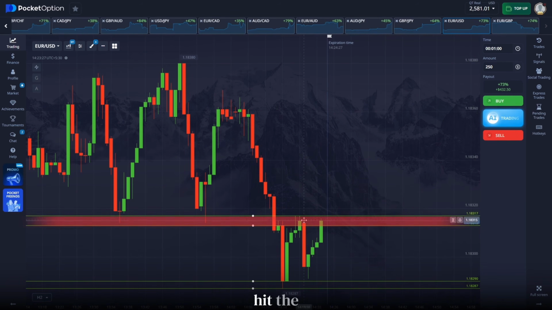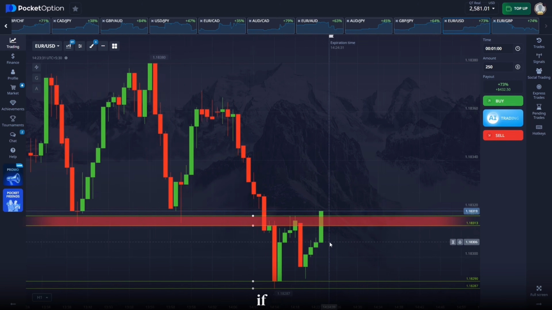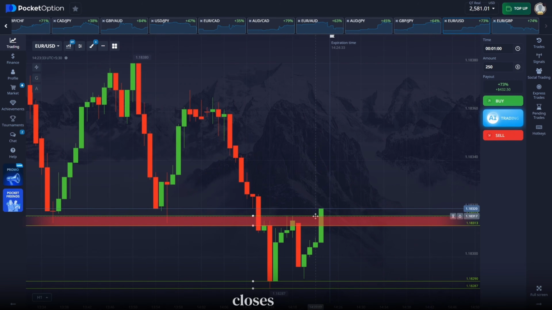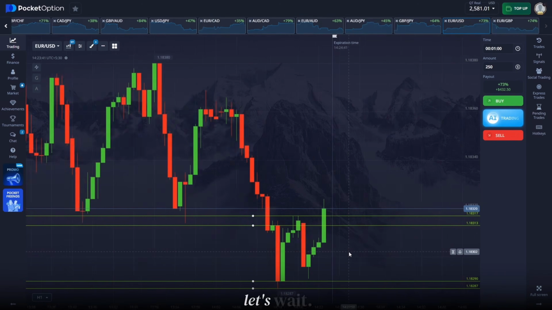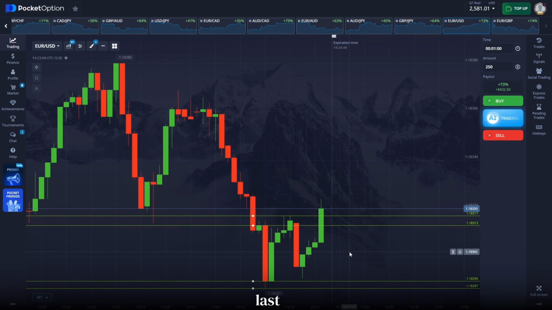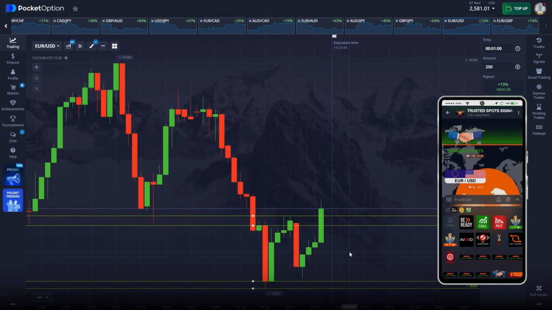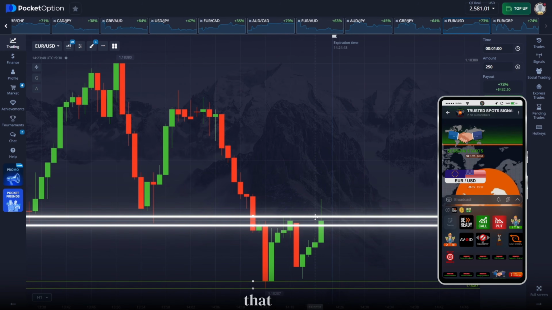Now price hit the resistance zone and in this case, what I'm thinking is, if this particular candle closes below this level, then I'll go for a reversal trade in the downward direction. Let's wait. Last 17 seconds are remaining. You can see that price is closing inside the zone.